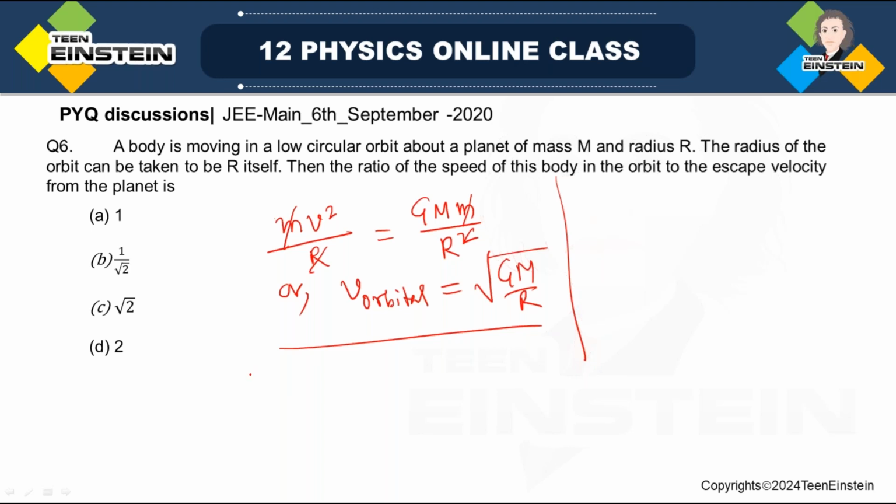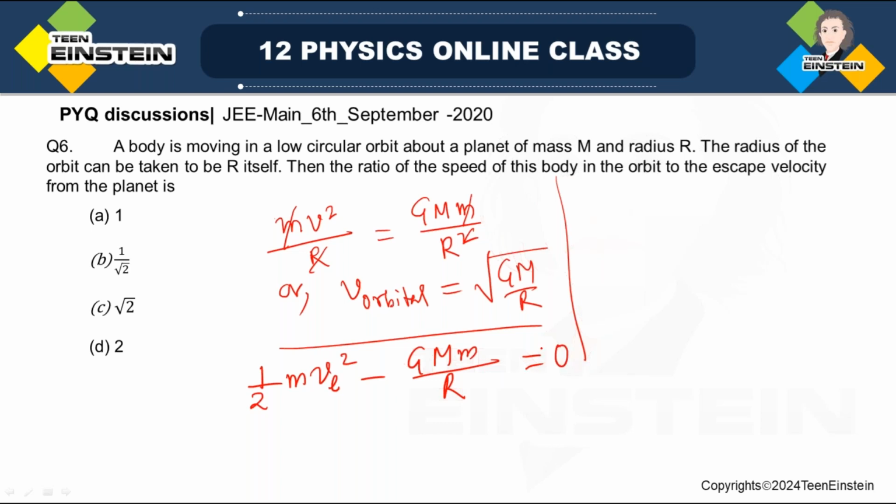In case of escape velocity, you have to directly write the conservation of energy at the surface of the planet. Suppose you give a certain velocity, v e, the escape velocity. Half mv square is the kinetic energy, and the potential energy will be minus GMm by r.